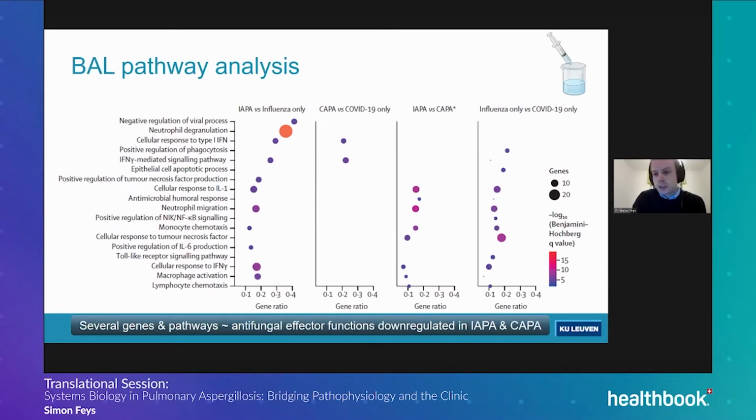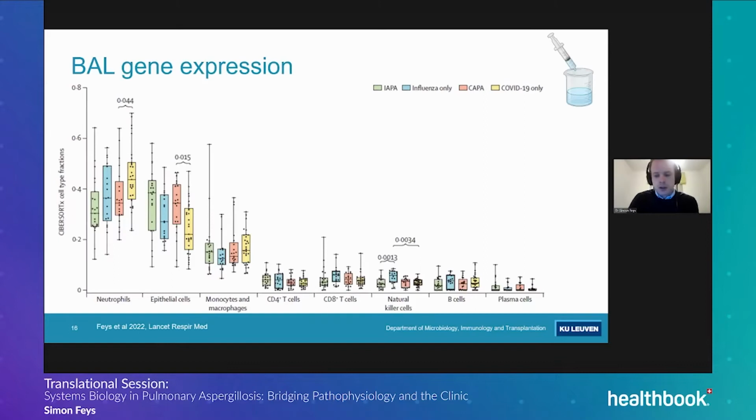The conclusion of this gene expression analysis is that we identified several genes and pathways linked to antifungal effector functions that are downregulated in IAPA and in CAPA patients. Using this bowel gene expression data, we could infer the fractions of immune cells and epithelial cells in the bowel fluid.